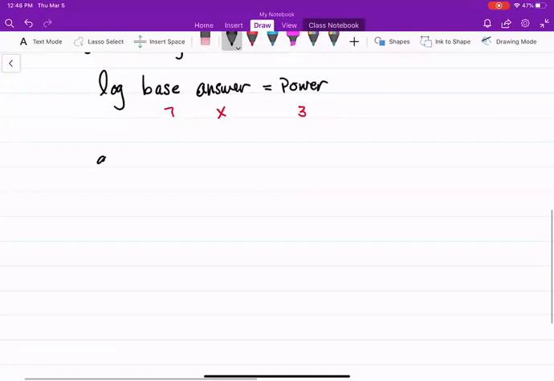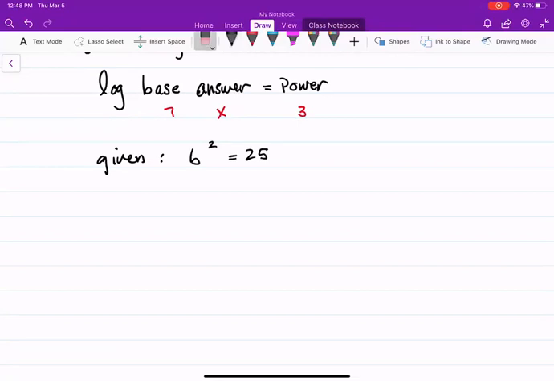So what if I'm given b squared is equal to 25? What would that change to?